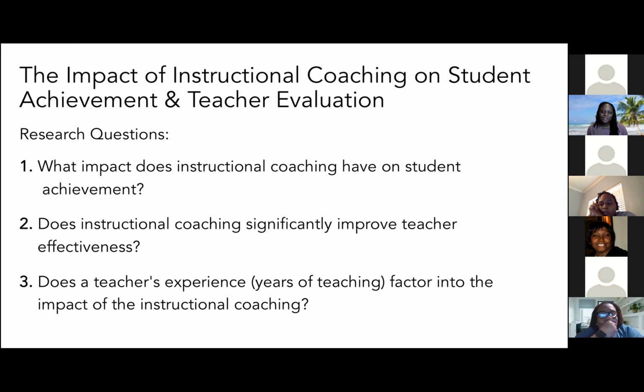How do you account for that if you're trying to figure out whether the coaching actually improves their effectiveness, when previous to coaching, people were getting higher scores on effectiveness and still had low student achievement scores? That's a thought, because I don't know how you're going to do that. According to Louisiana, teachers are rated effective or ineffective, and in there is student performance and your observations.